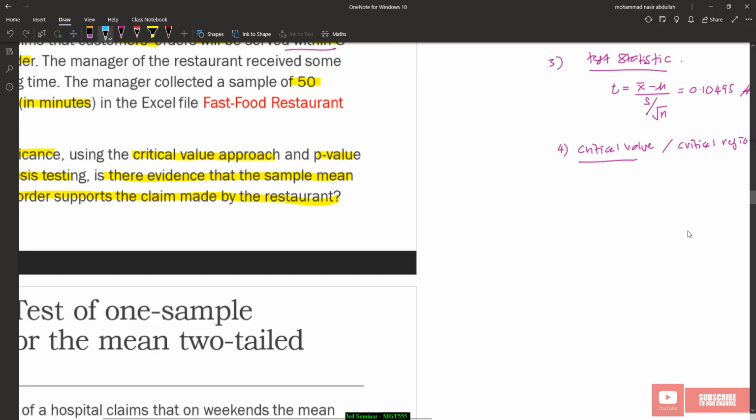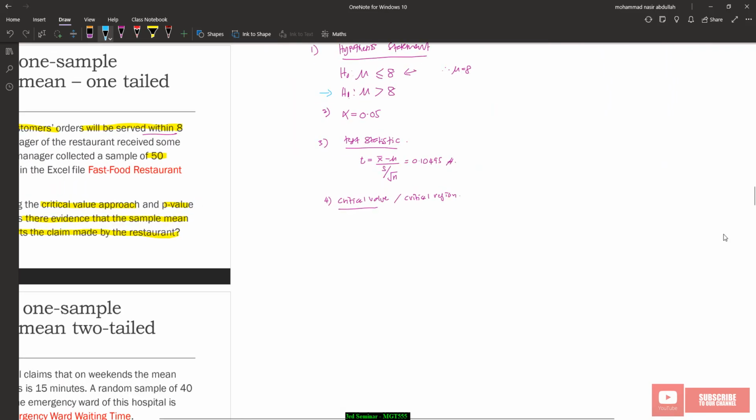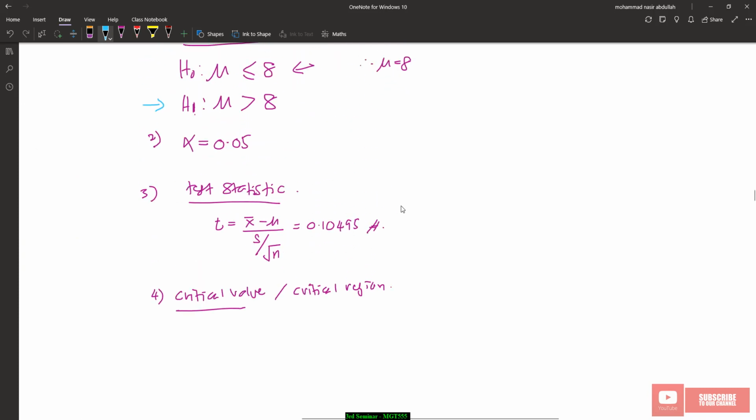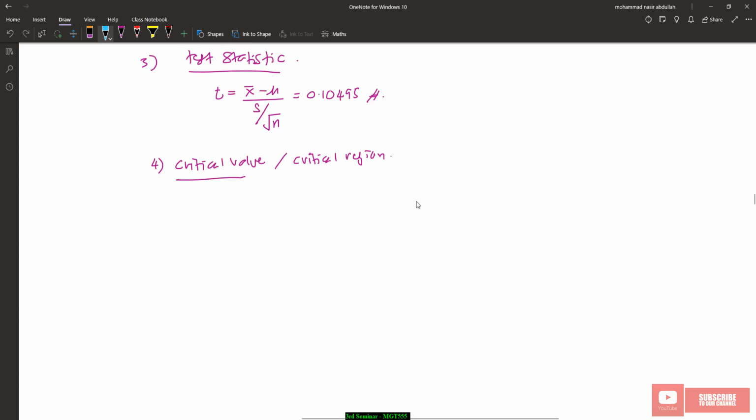Alright, so now we are looking at the alternate hypothesis. We know that mu is more than 8. So we need to draw the region. We draw the curve dulu, and then this is your mean, which is your 8.02, and it lies on the right hand side, kan.